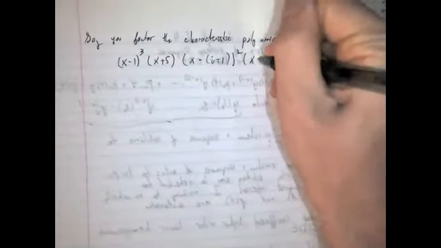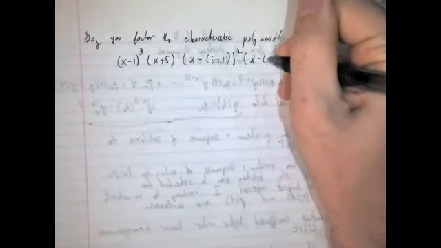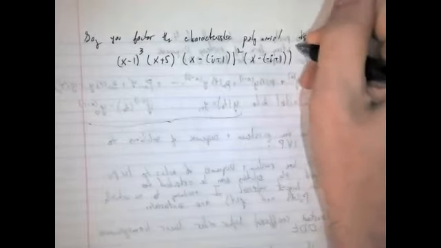So let's say you factor the characteristic polynomial as x minus 1 cubed times x plus 5 times x minus (i plus 1) squared times x minus (negative i plus 1) squared.